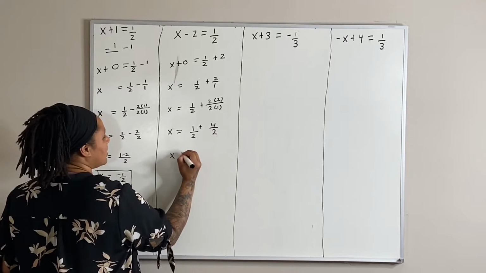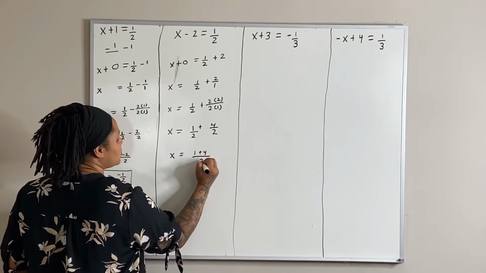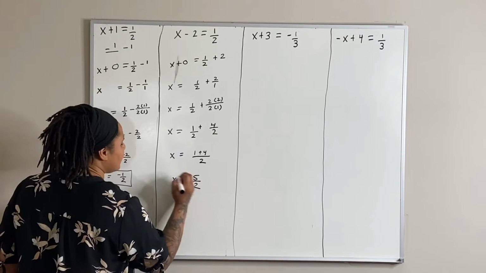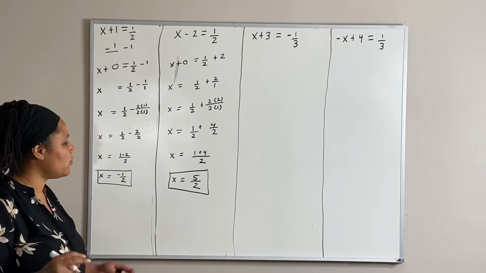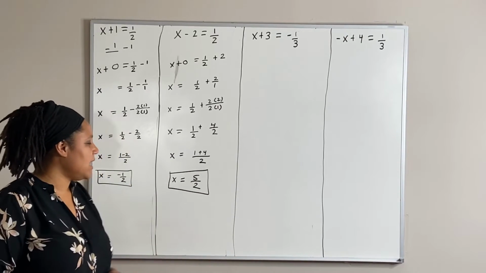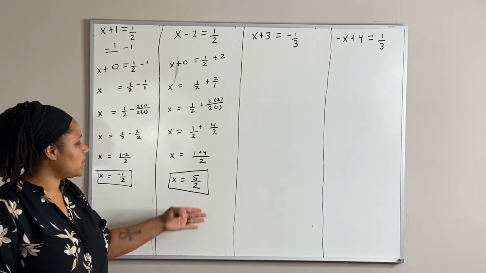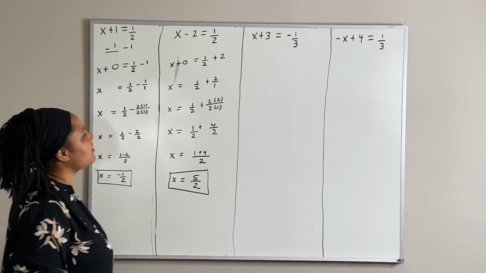Now we can combine the numerators, which is 1 plus 4 over 2, which means that we have x is equal to 5/2. Okay, and if you want to simplify that some more, or convert it into a mixed number, you can do that as well, or you can just leave it as is here. Let's move on to our third example.